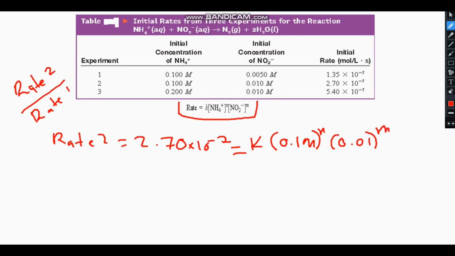So that's the information which we have been given from experiment 2.